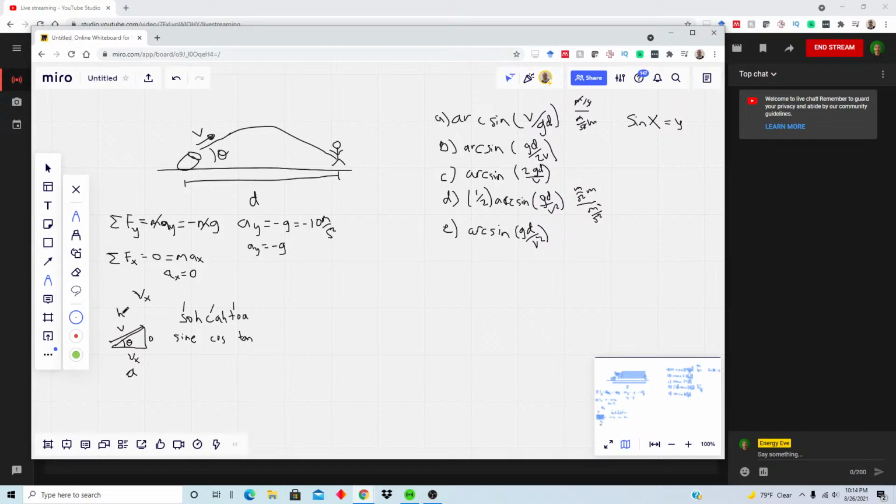In this case, we have hypotenuse and adjacent, so we're going to use cosine for this. And so Vx is actually equal to V times cosine theta.